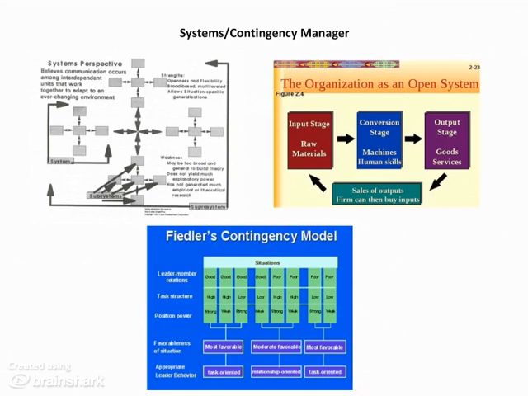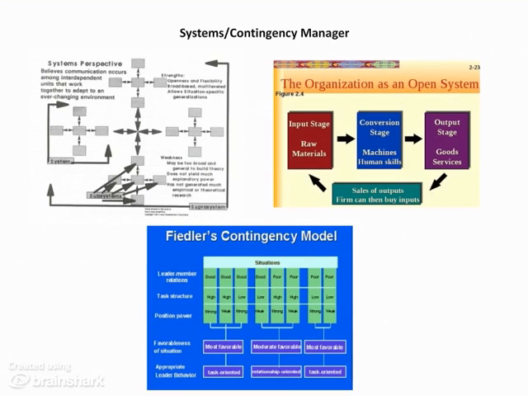Ludwig von Bertalanffy's general systems theory is based on the principle that the whole is more than the sum of its parts. Daniel Katz and Robert Kahn referred to organizations as open systems.